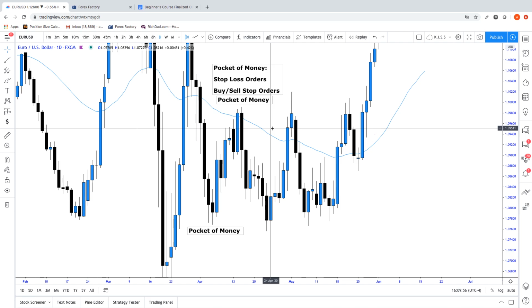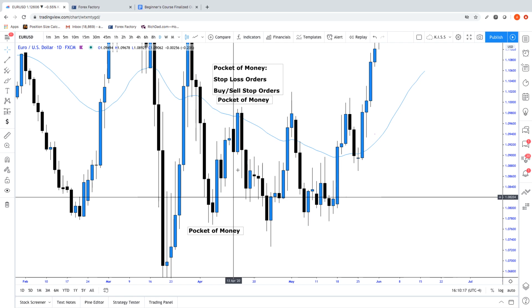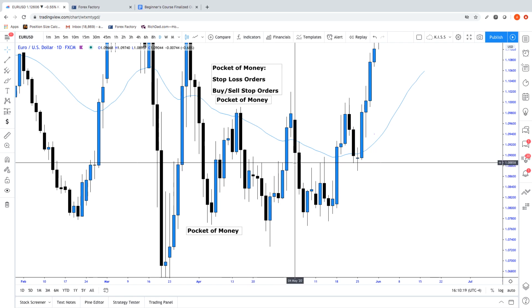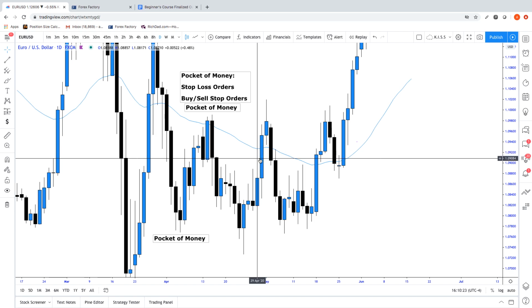The people who actually control the market, who have the capital to pour thousands and thousands of lots into the market and actually move it, do you think they don't understand the way people trade and where people put their stop losses, buy stops and sell stops? Well, they 100% do.